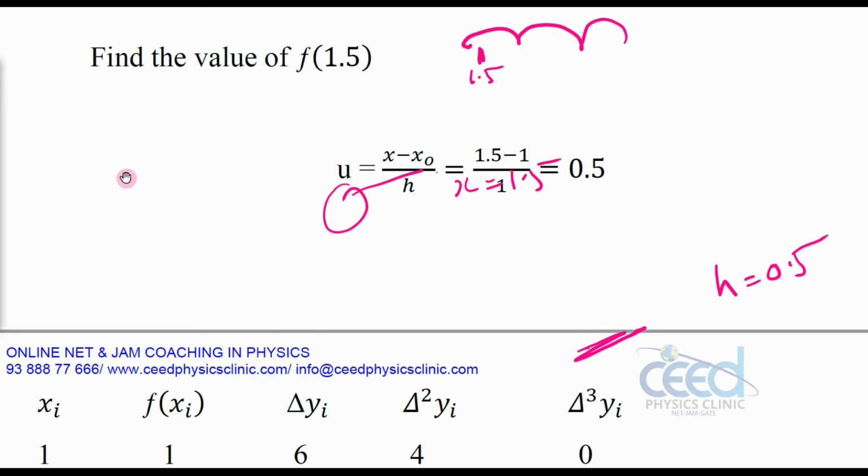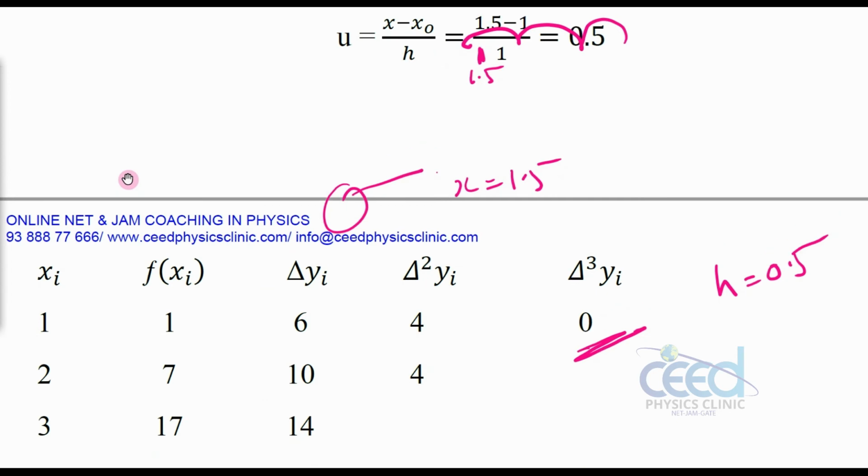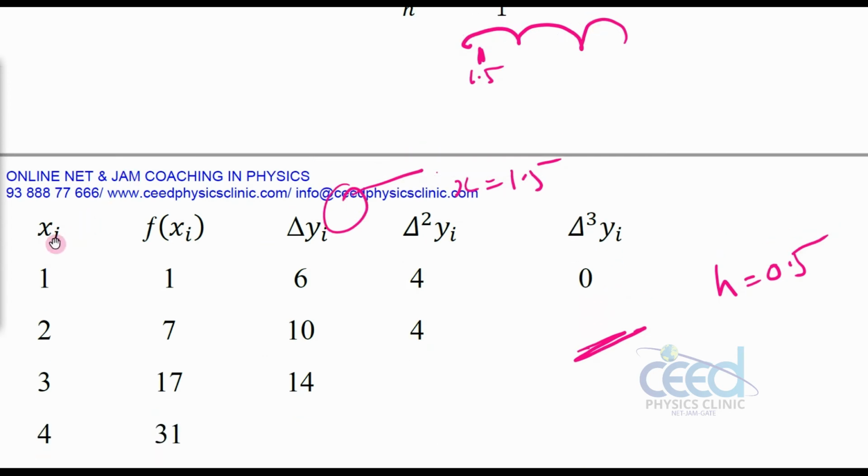Now I will tabulate xi: 1, 2, 3, 4, and f of xi: 1, 7, 17, 31. Now what is delta yi? Delta yi means the difference between adjacent terms. 7 minus 1 is 6. 17 minus 7 is 10. 31 minus 17 is 14.